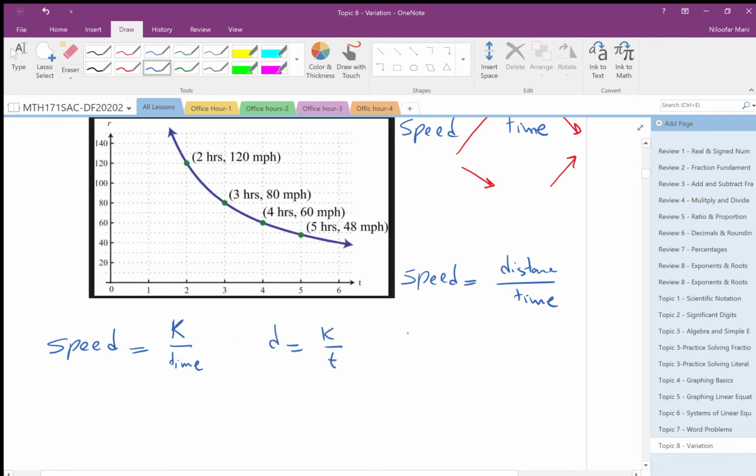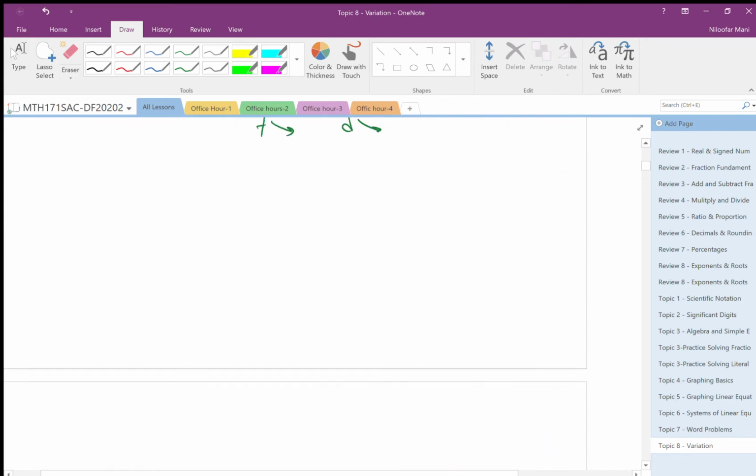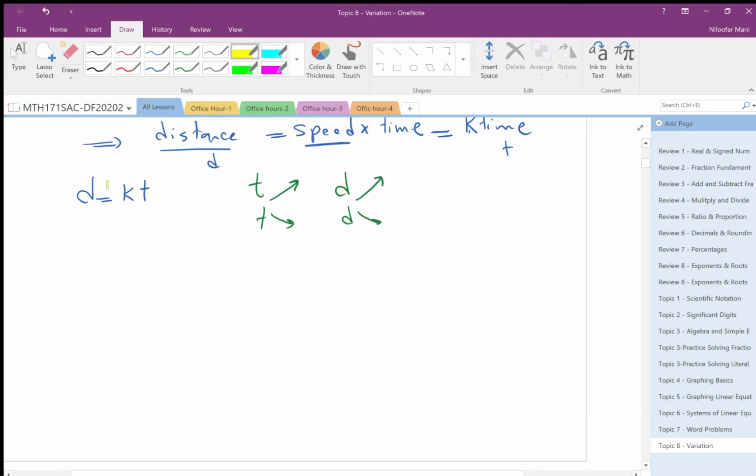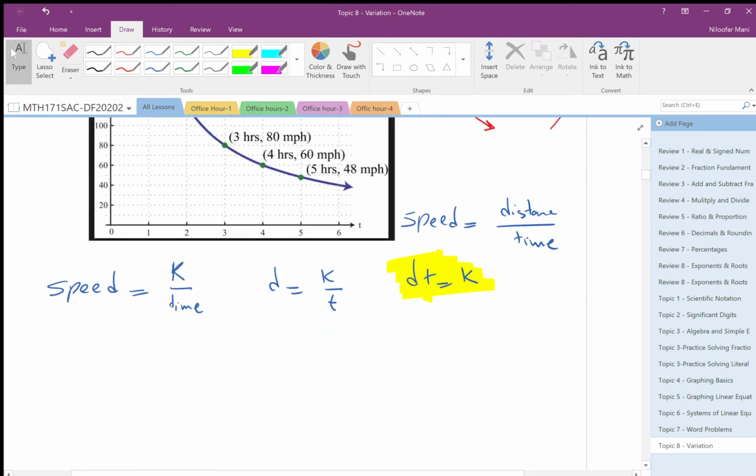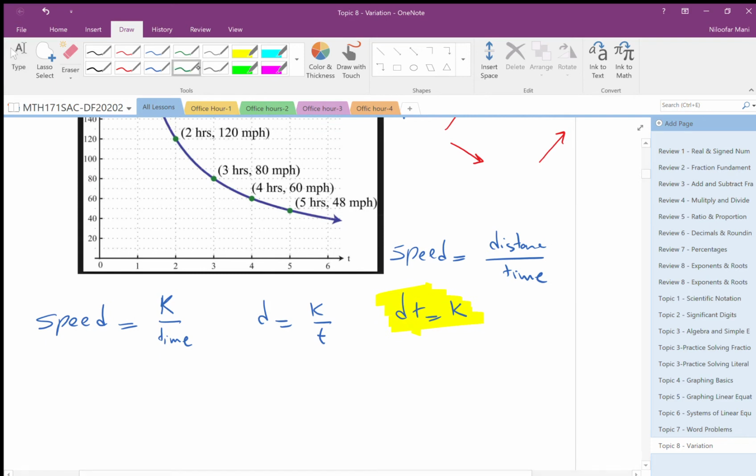So dt is k. If you want to compare, this is dt equals k, but before, d is kt. Because k is constant, if d goes up, t should go down, otherwise the multiplication is not constant.